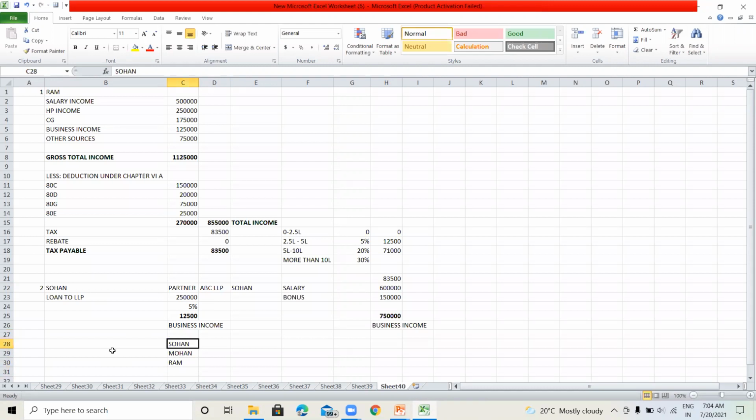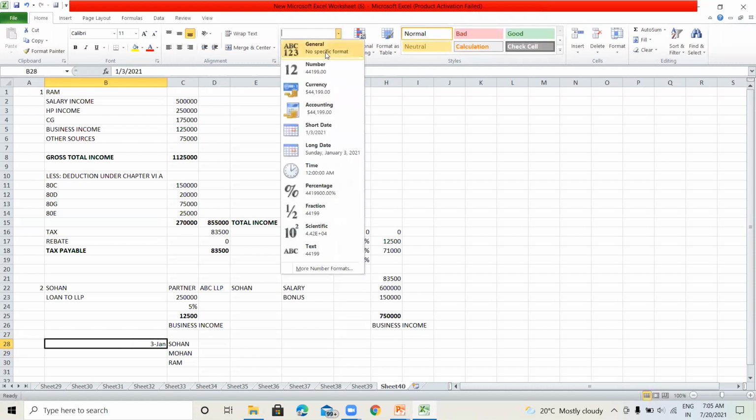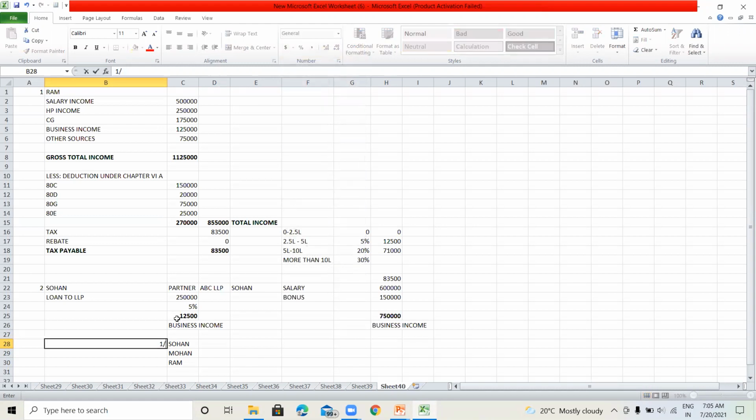They earn one third, one third, one third of the total profit of the firm.